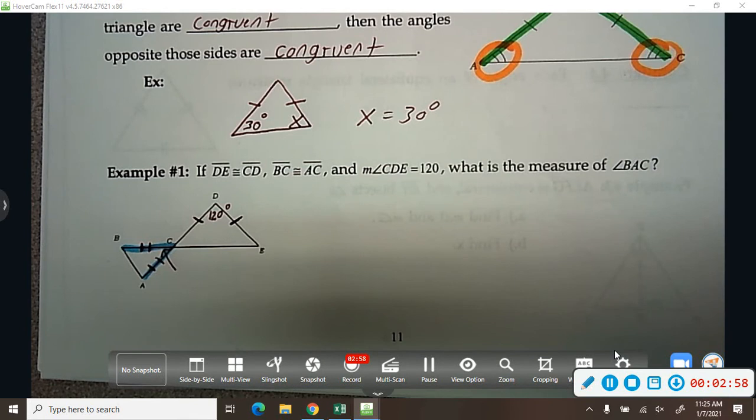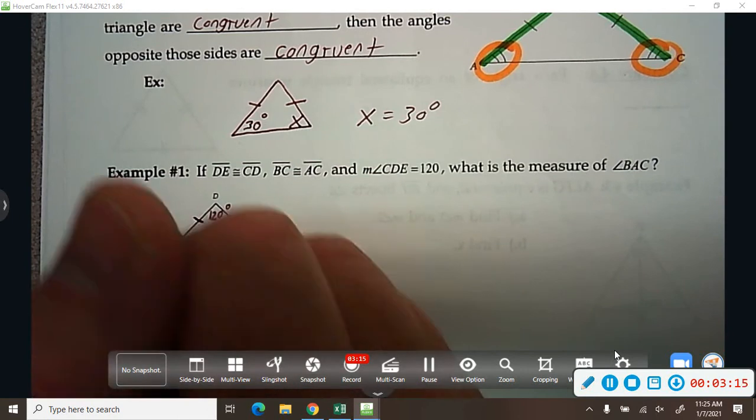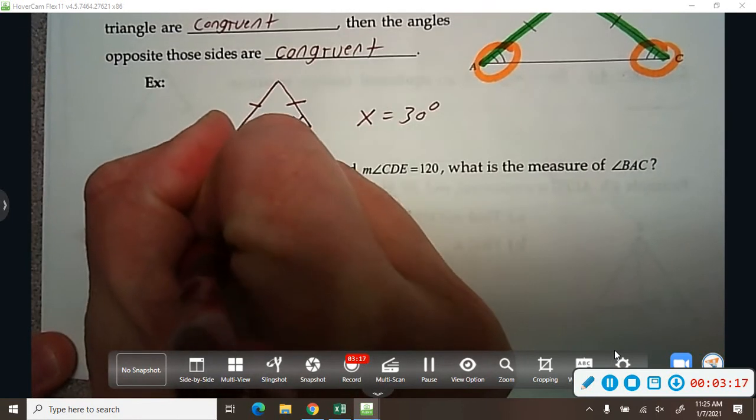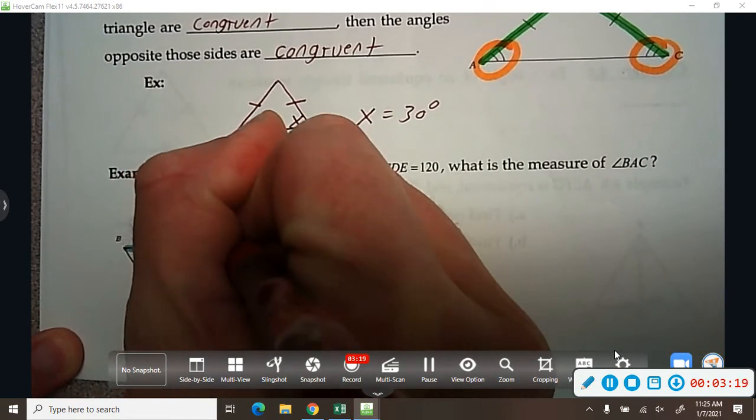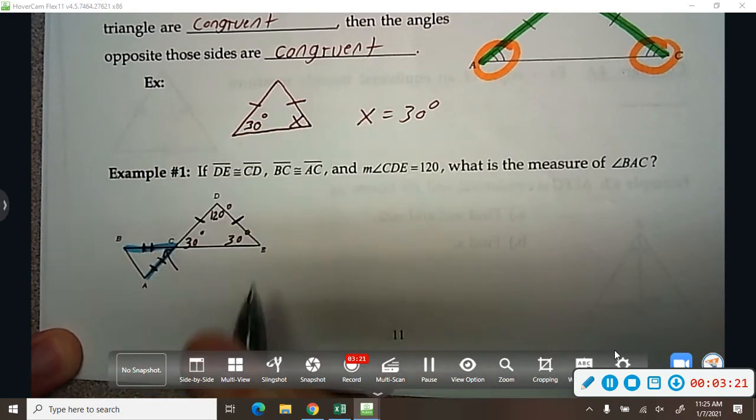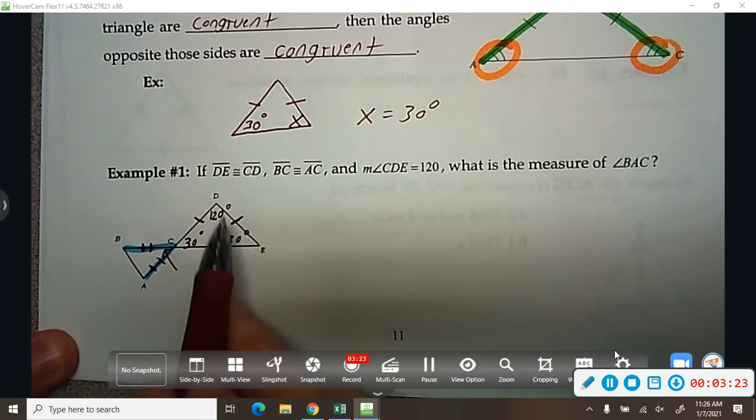Well, if this is 120, and I know that three angles in a triangle add up to 180, then that would leave 60 degrees left, because 120 plus 60 is 180. So if there's 60 degrees left, this has to be 30, because 30 plus 30 plus 120 is 180.